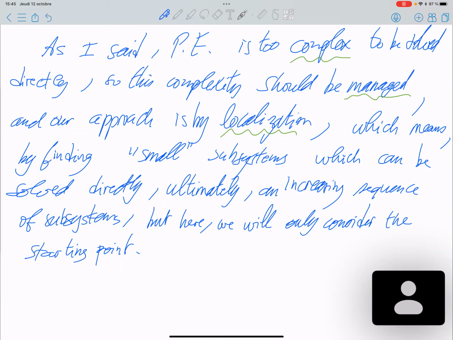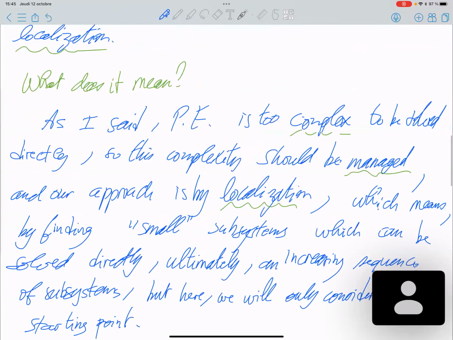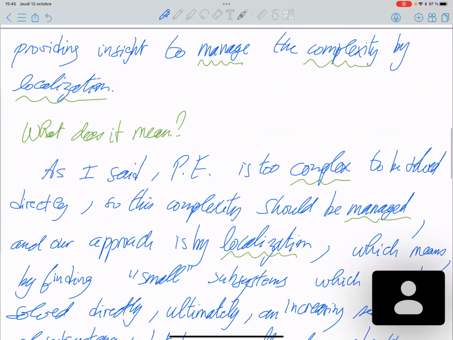Okay. So now the question is the following: how can our pictorial reformulation find such small subsystems?